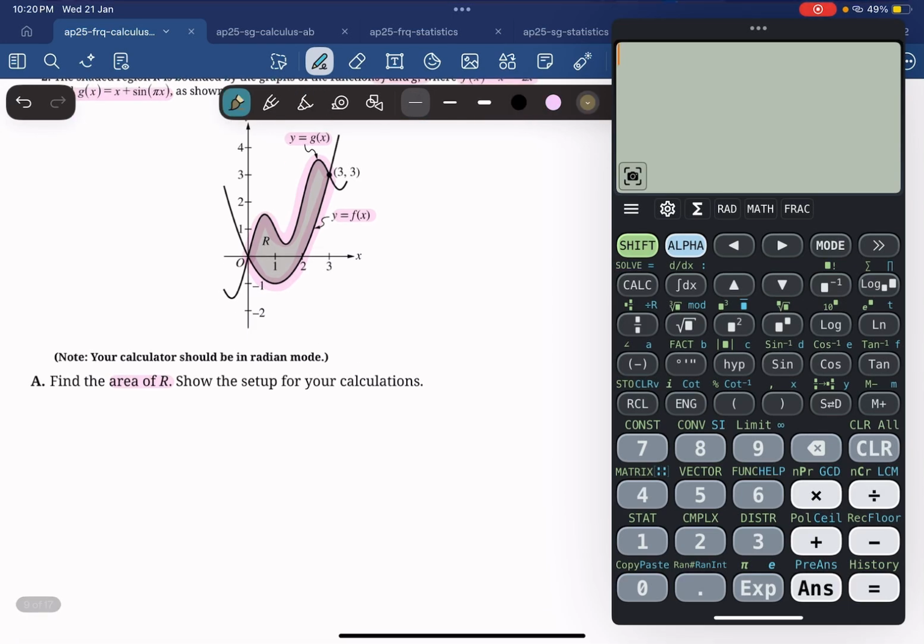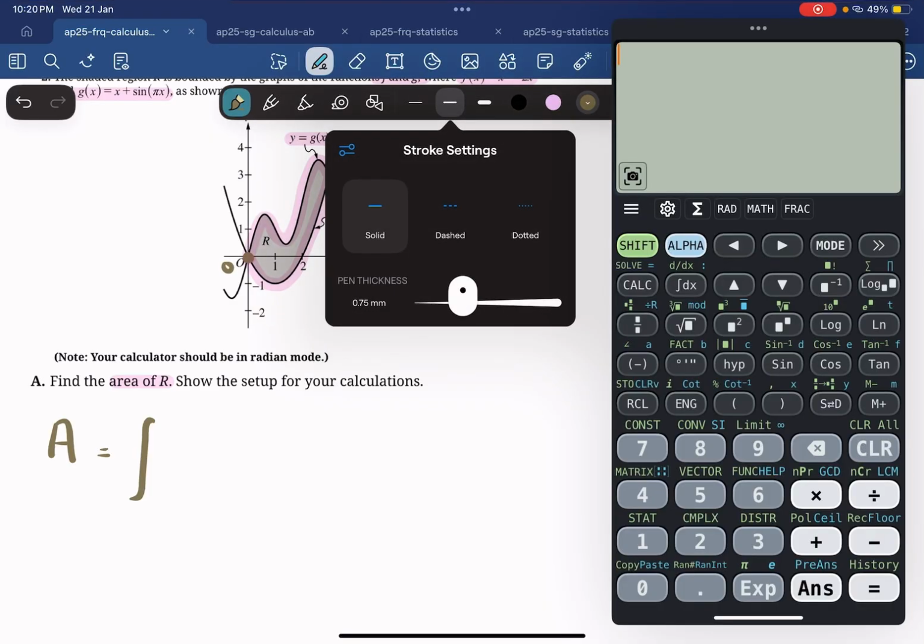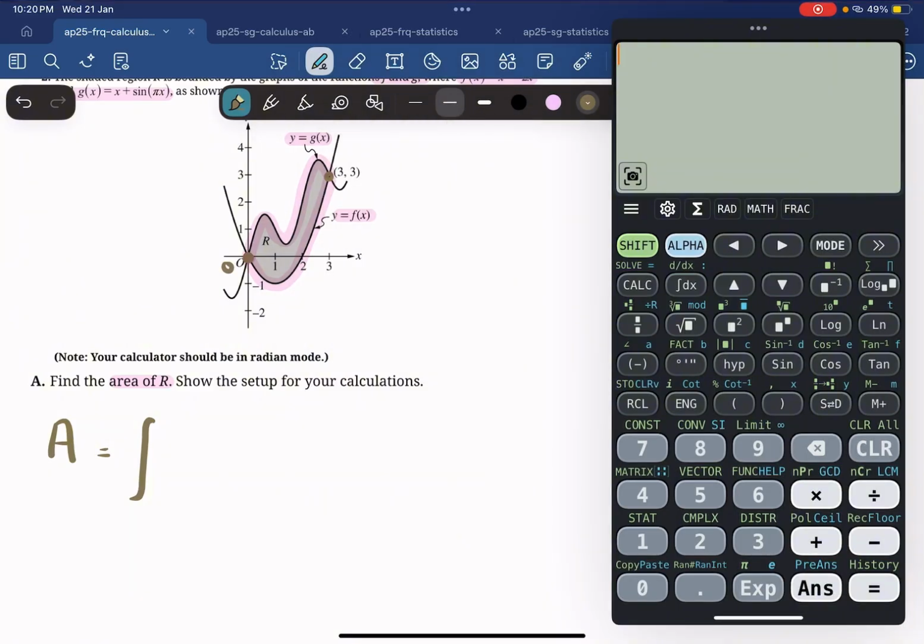So the area of this region is equal to the integral from the point of intersection from 0 to 3 on the x-axis, so from 0 to 3, of above minus below.